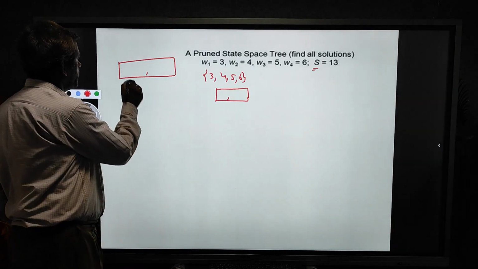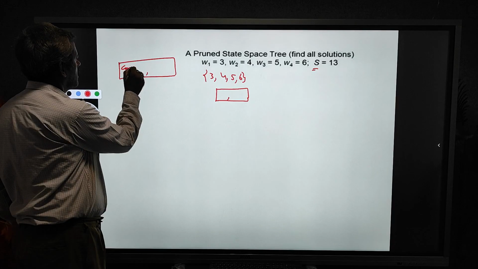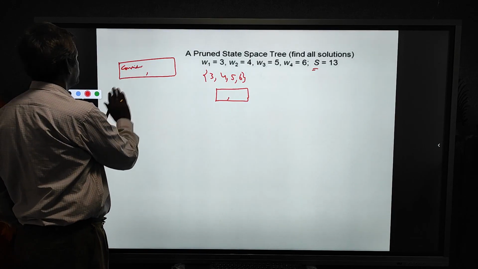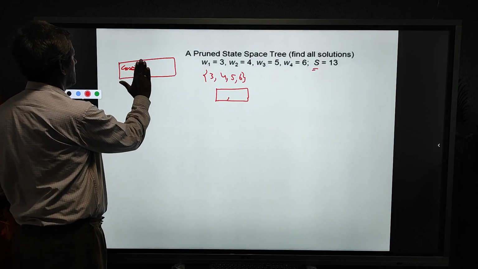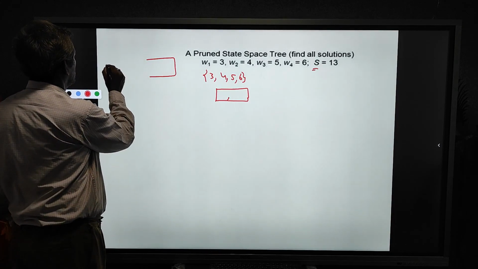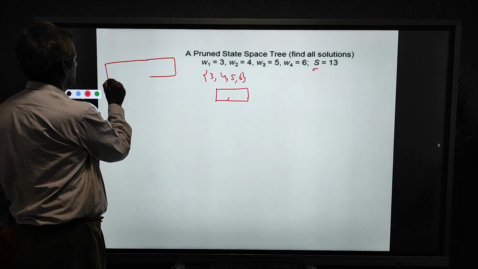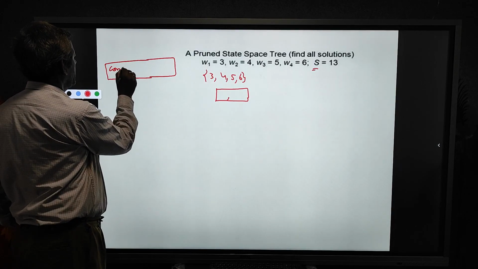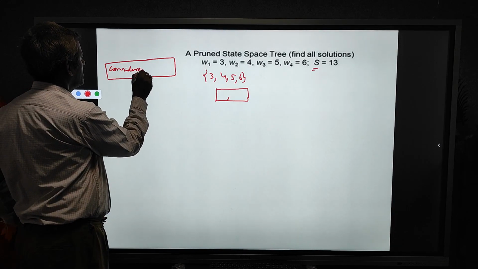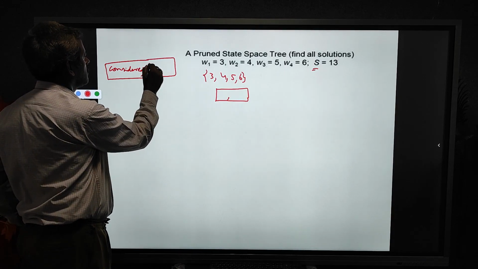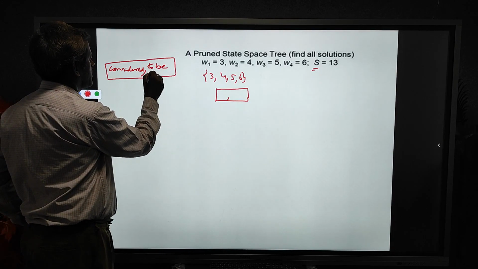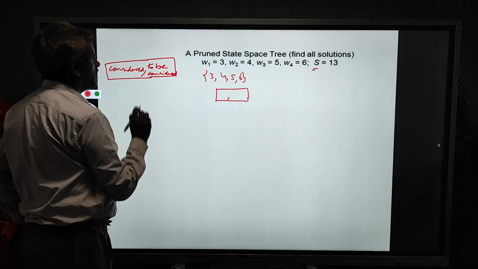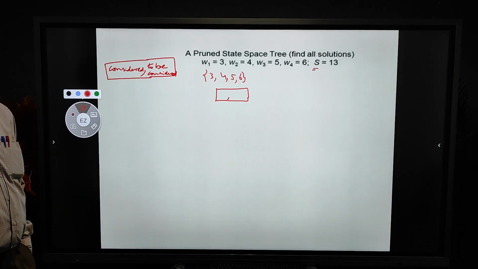The first part is the sum considered, comma, the sum to be considered. I will explain what is meant by considered and to be considered.